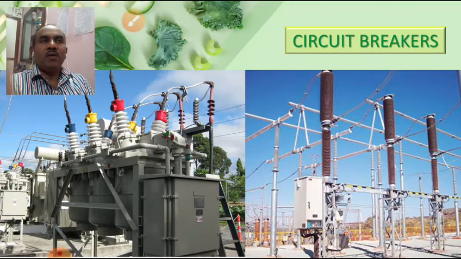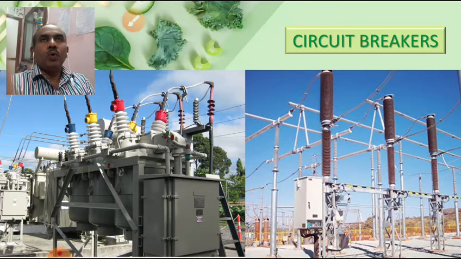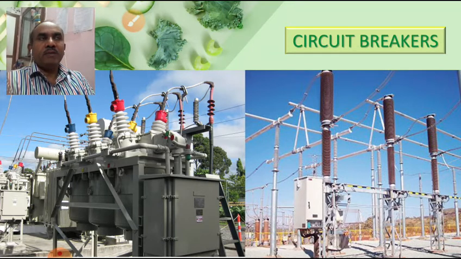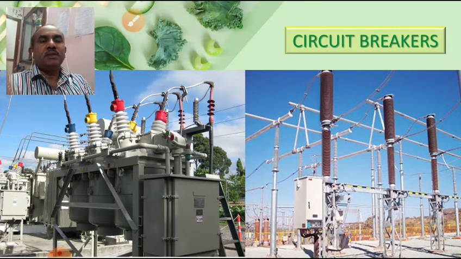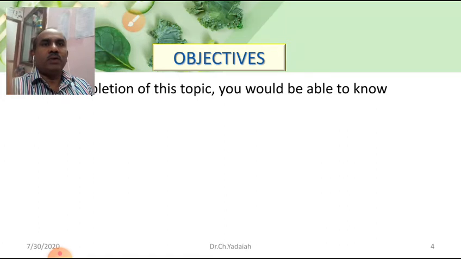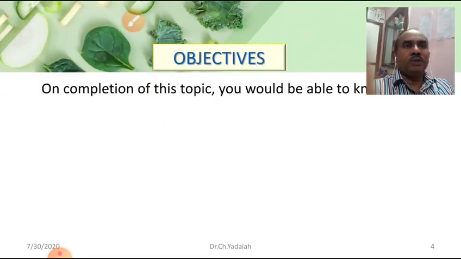Let us see the progress of circuit breakers from the old system to the new system through different stages. In our syllabus, we are going to study from oil circuit breakers to the latest sulfur hexafluoride SF6 gas circuit breakers. So what are today's objectives?